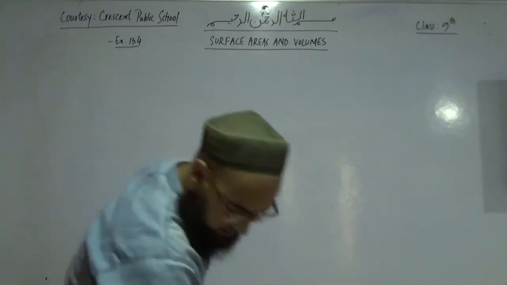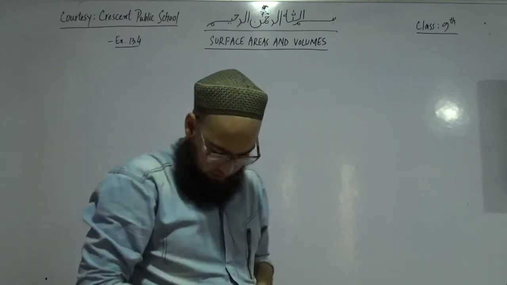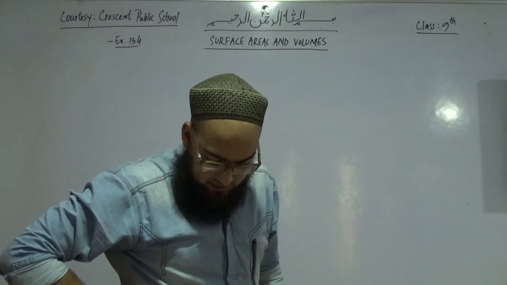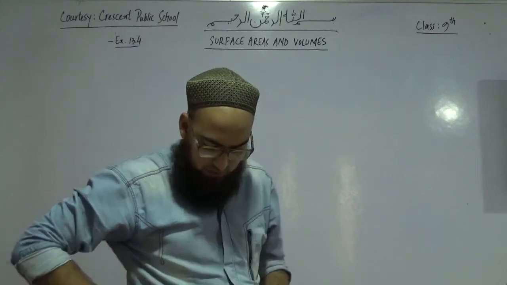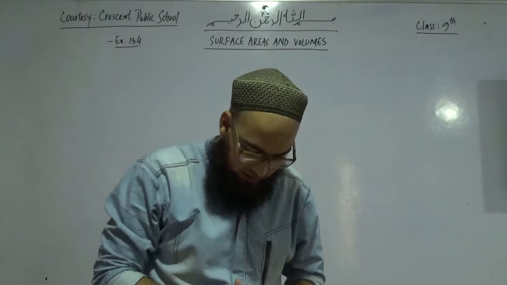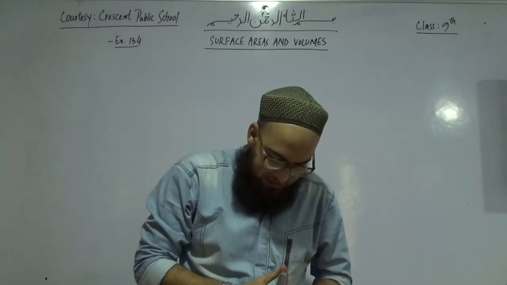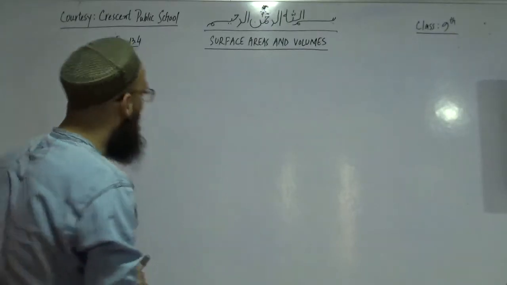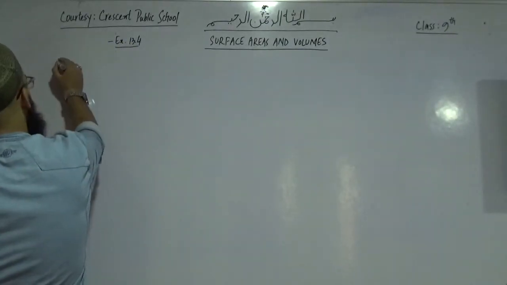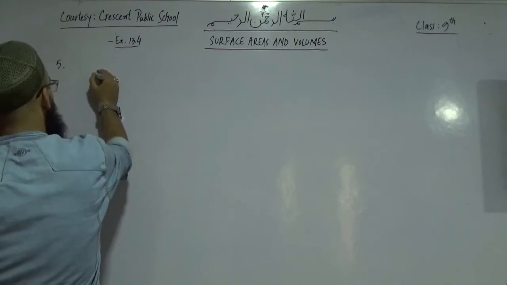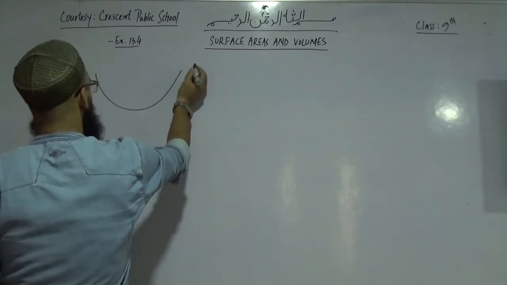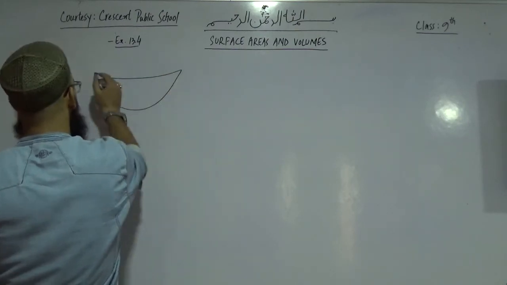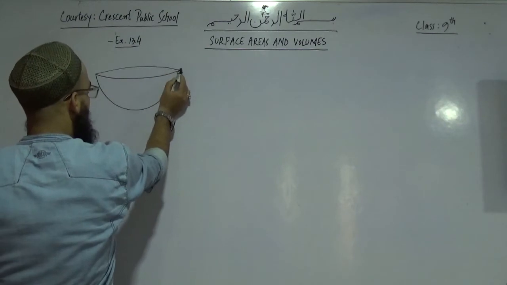Then after that, question number 5. A hemispherical bowl made of brass has inner diameter 10.5 centimeter. Find the cost of tin plating it on the inside at the rate of rupees 16 per 100 square centimeter. We have a hemispherical bowl, just like this.